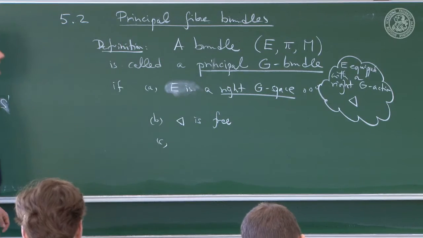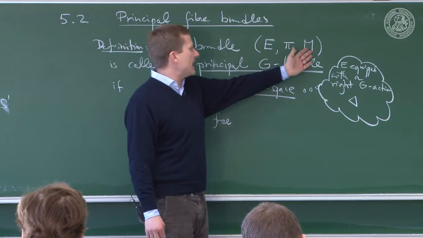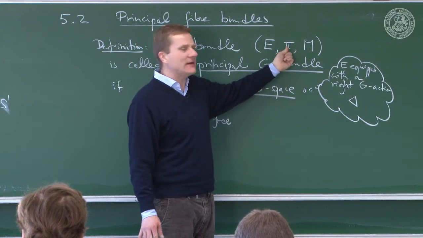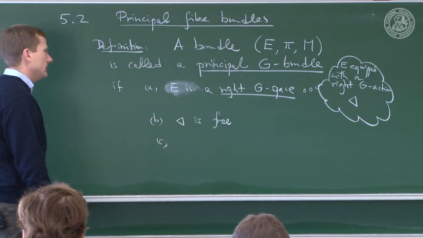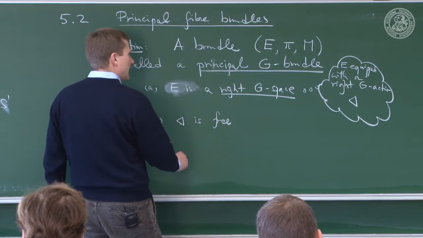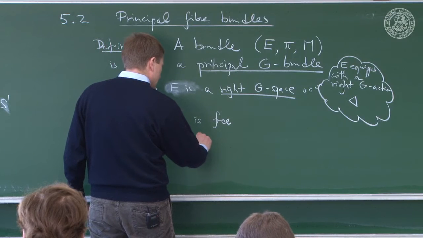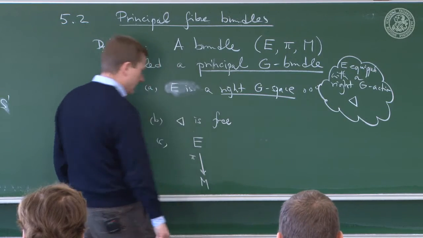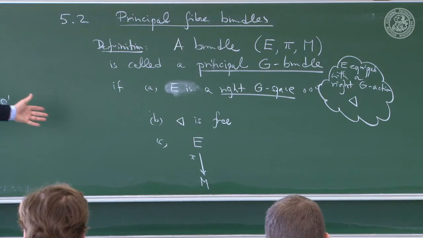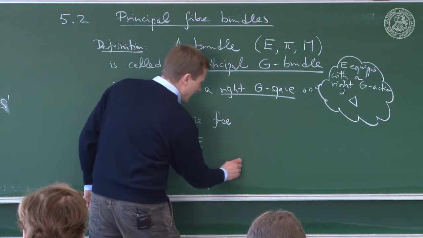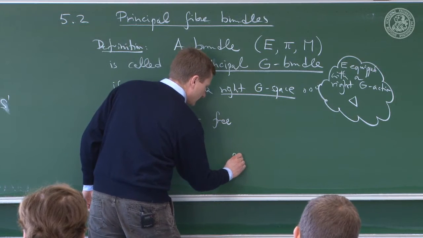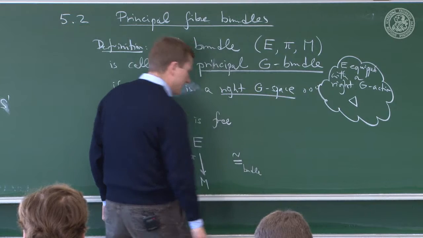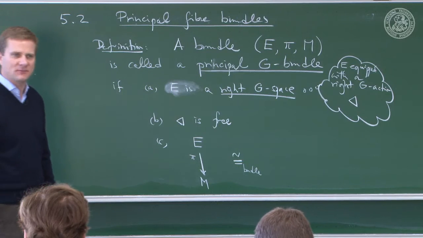And now I need to say, okay, I have a bundle E, pi, M. There is no sight of any G anywhere. So when do I call such a bundle a principal G bundle? I call it a principal G bundle if E, pi, M, which is again another symbol for the bundle, is as a bundle isomorphic, but as a bundle. You remember when a bundle was isomorphic? Maybe I remind you in a second.